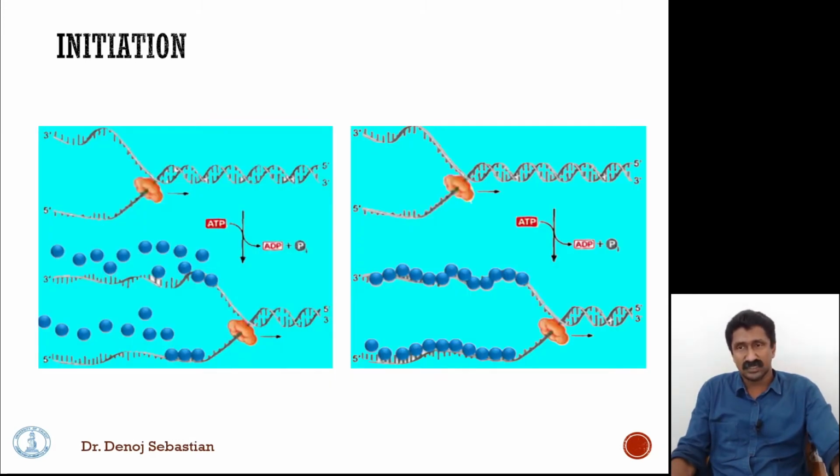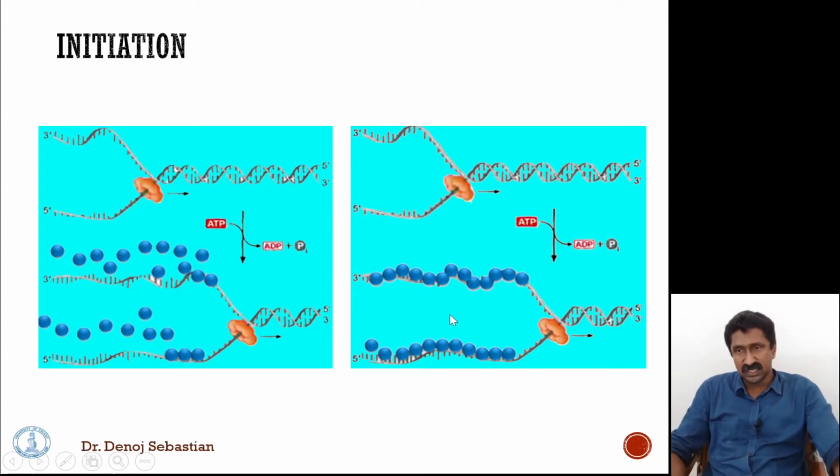Now, this is another diagram in which the DNA B protein, the helicase, is represented here, which starts unwinding of the DNA. And all this process requires ATP. Normally, we will discuss later.